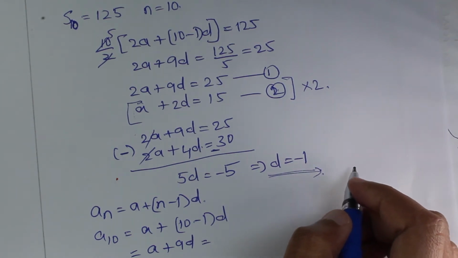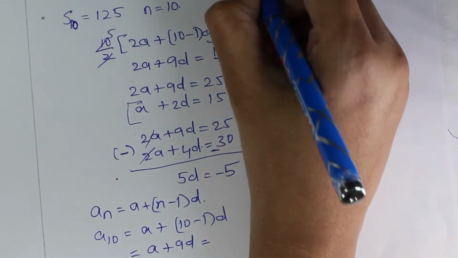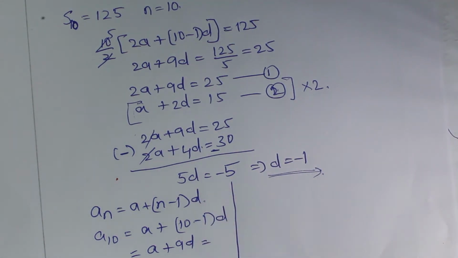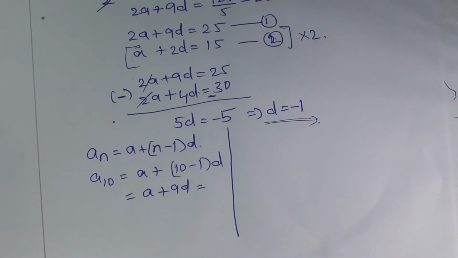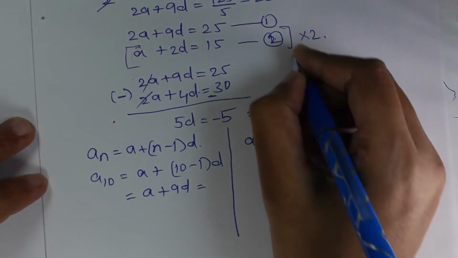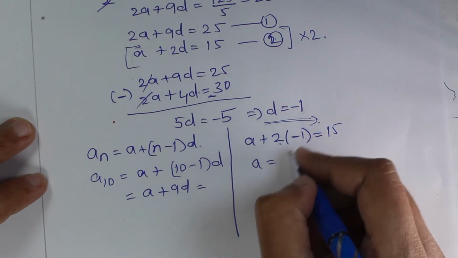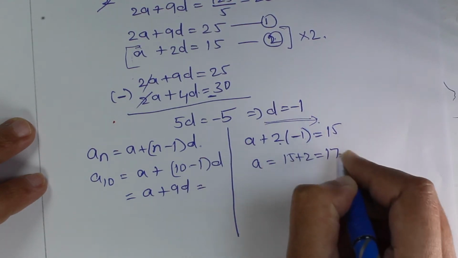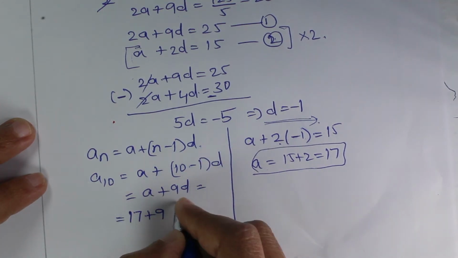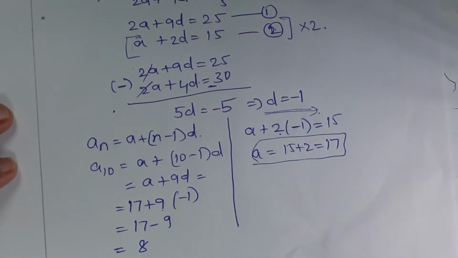So let's substitute d is equal to minus 1 in the equation a plus 2d is equal to 15. a plus 2 into minus 1 is equal to 15. a is equal to 15 plus 2, that is equal to 17. So I got the a value as 17. So 17 plus 9 into minus 1. So the value of a10 is 8.